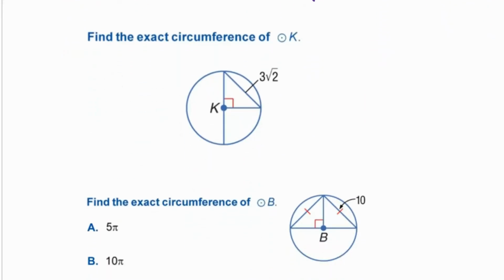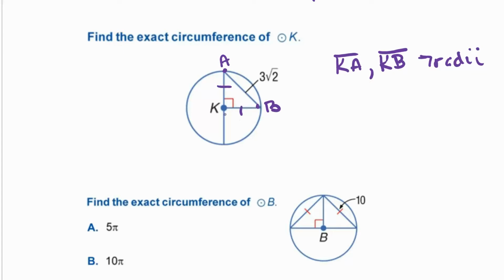For the next problem, I want to find the exact circumference of circle K. I'm going to call this point A here, and this point B here. KA and KB are both radii, which means they're equal to each other.